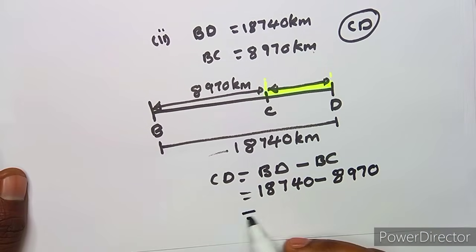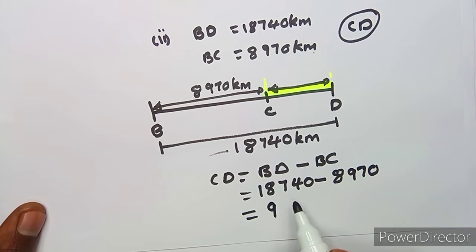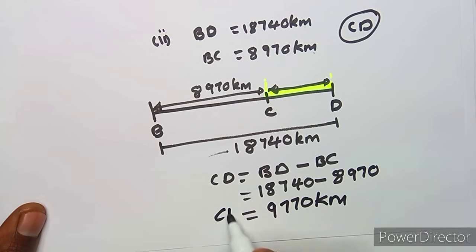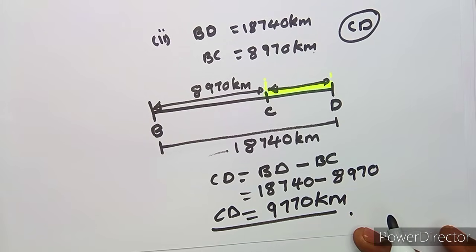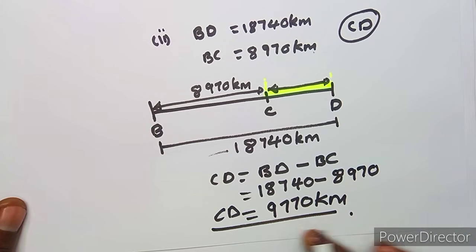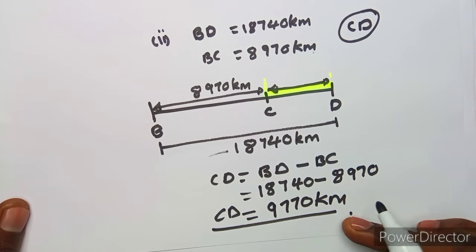The difference between these two is going to give us 9,770 kilometers. So this will be our CD there.